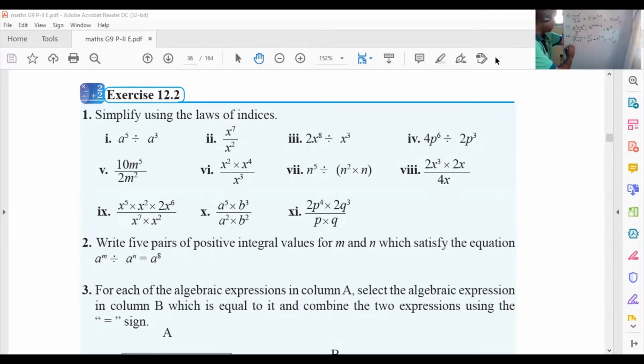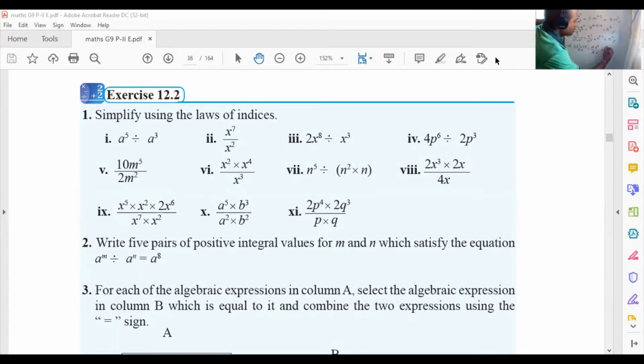Then the eighth question, 2x to the power 3 multiplied by 2x divided by 4x equals, 2 times 2 is 4, x to the power 3, x to the power 1, that is x to the power 4 divided by 4x to the power 1. 4 and 4 can be cancelled out.